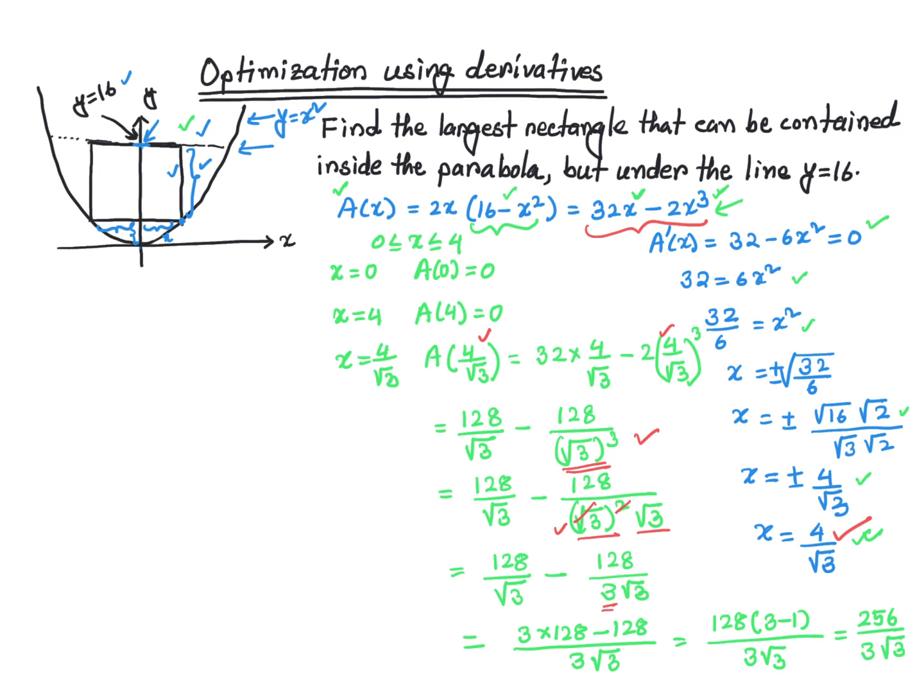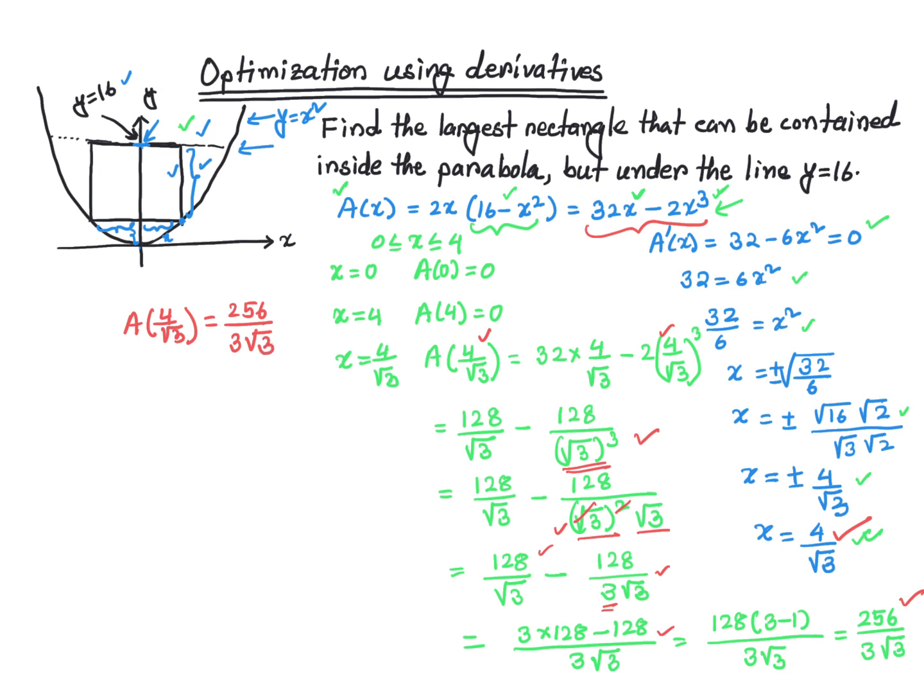And then I just combine this term and this term by subtracting. And this is what I get. And ultimately, my result is 256 over 3 times square root of 3. So my A of 4 over square root of 3 is 256 over 3 times square root of 3.